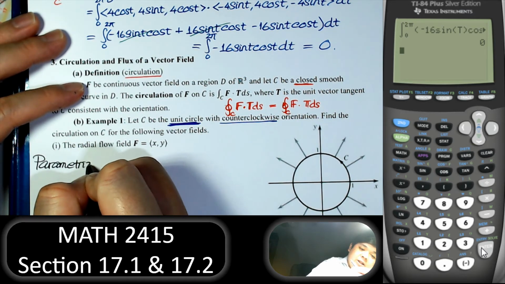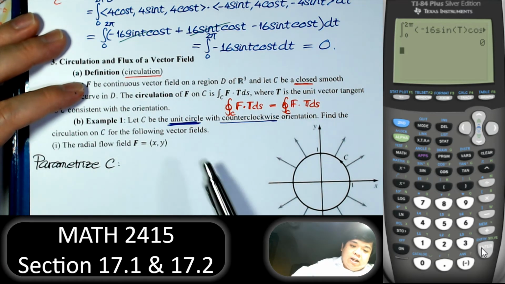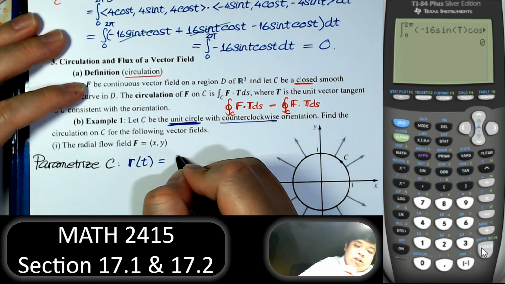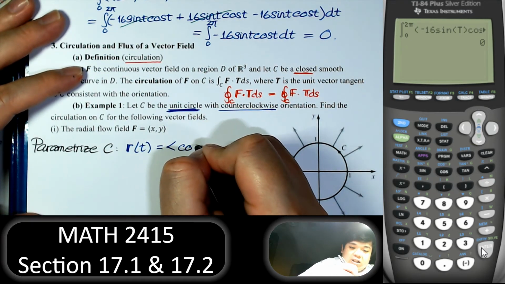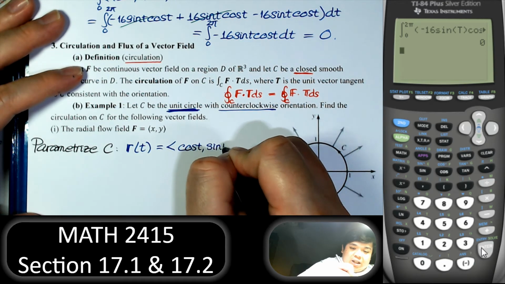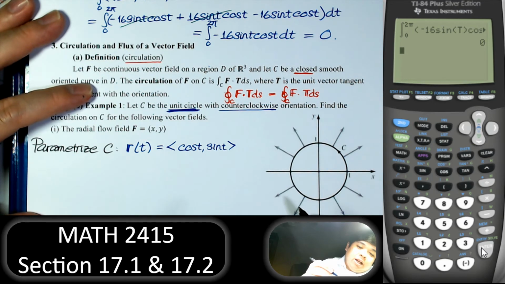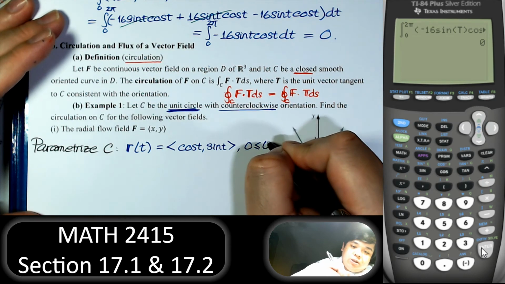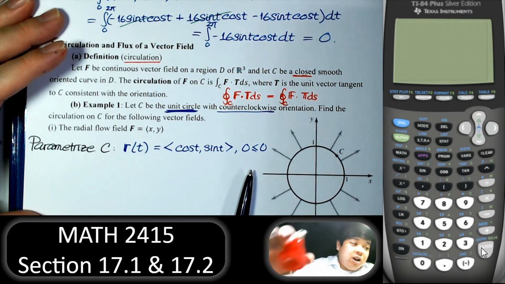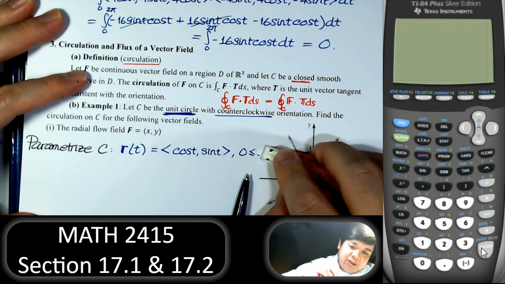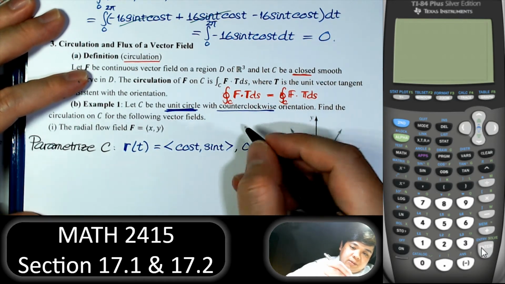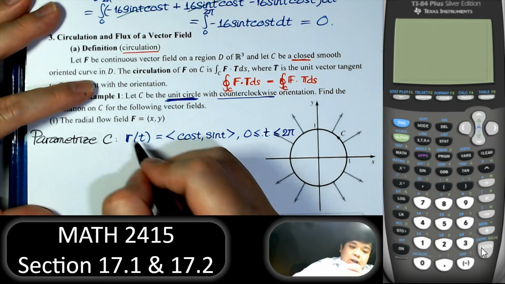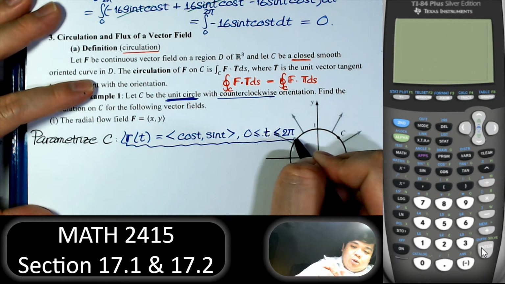Parameterize the curve C: cosine t for x and sine t for y. One complete revolution, one unit circle, goes from 0 to 2 pi. You can use theta or t, it doesn't matter. That's the parameterization we need.